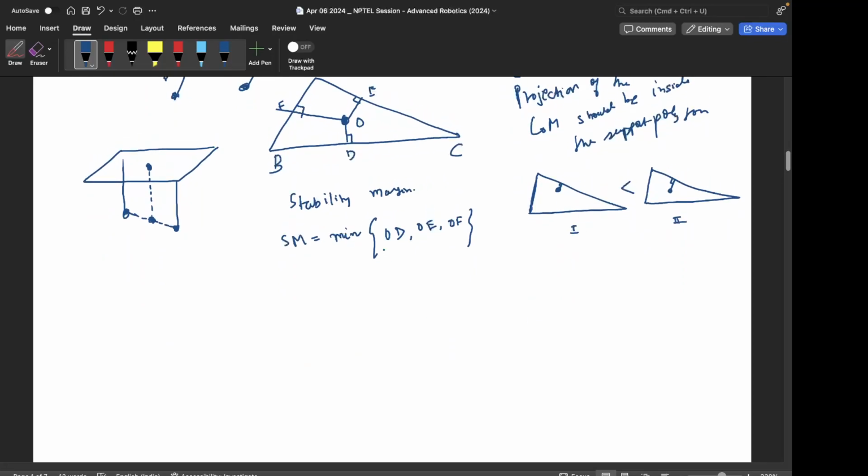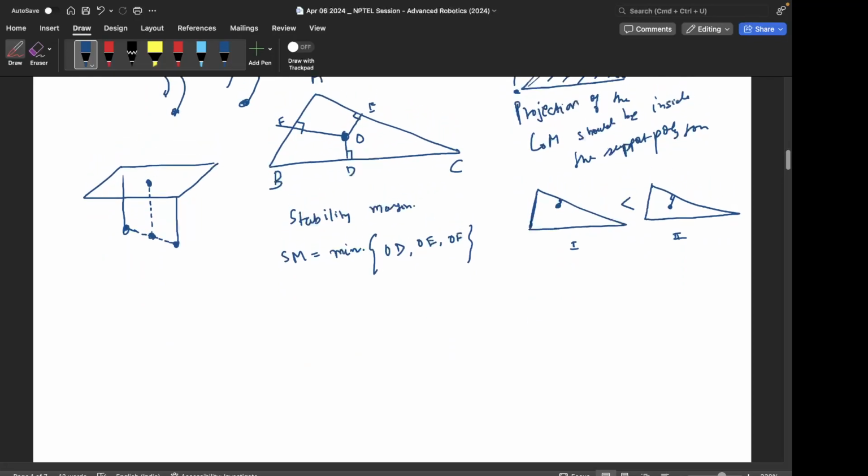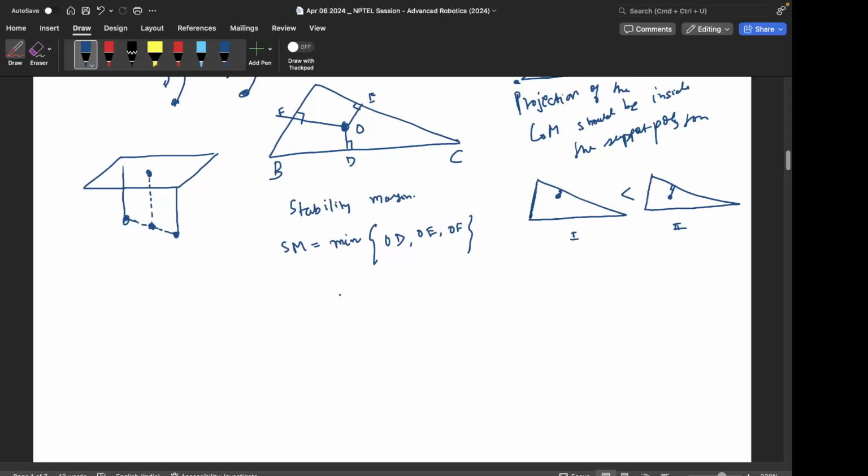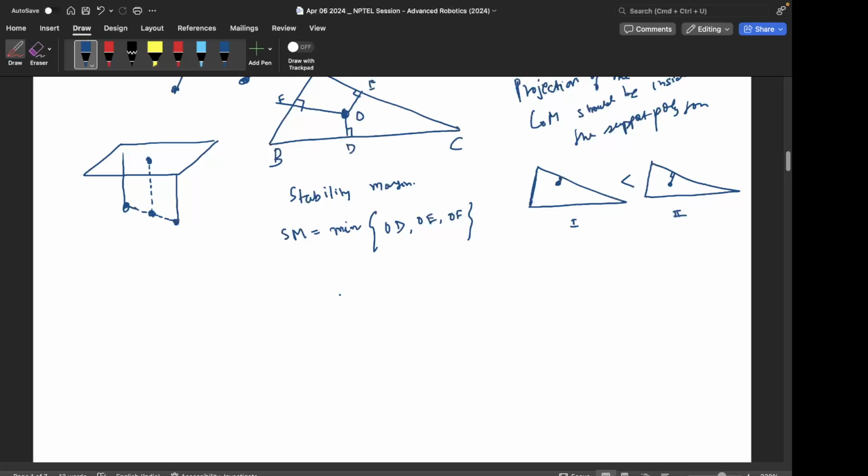So that is the stability margin. So again, while doing the motion, we can choose how conservative we want to be and how large or small we want the stability margin to be, right? And that will affect how fast we move, because as I mentioned, speed is inversely proportional to stability.